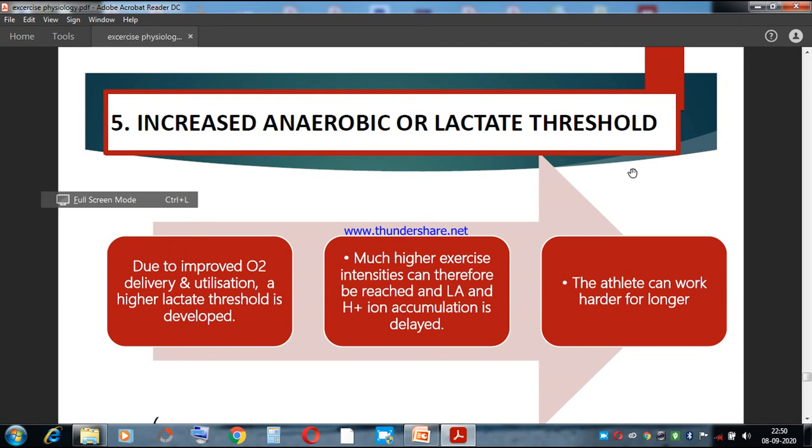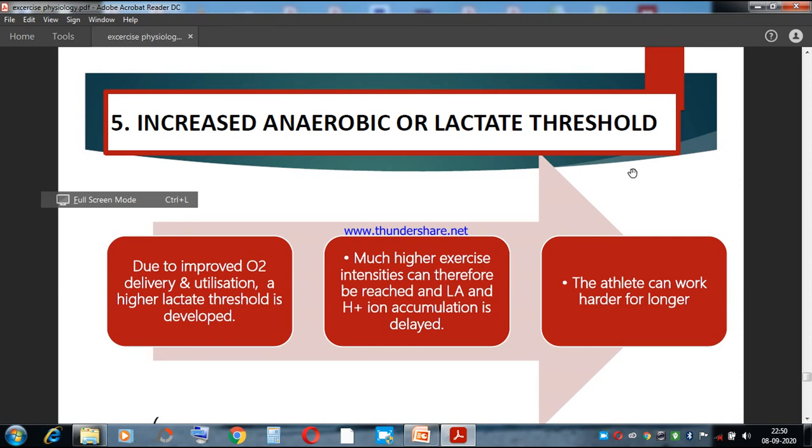Due to improved oxygen delivery and utilization, a higher lactate threshold is developed. So in athletes, as the long-term effect, there is improved oxygen delivery and utilization, and thus the lactate threshold is set to a higher level. But in those who are not athletes, fatigue will come much earlier.